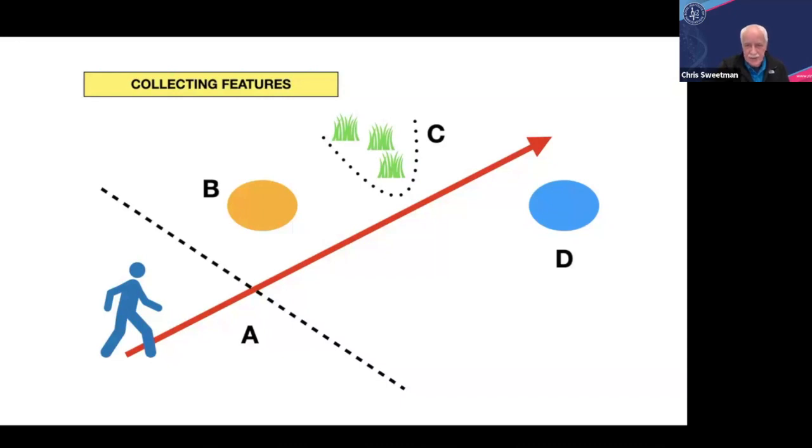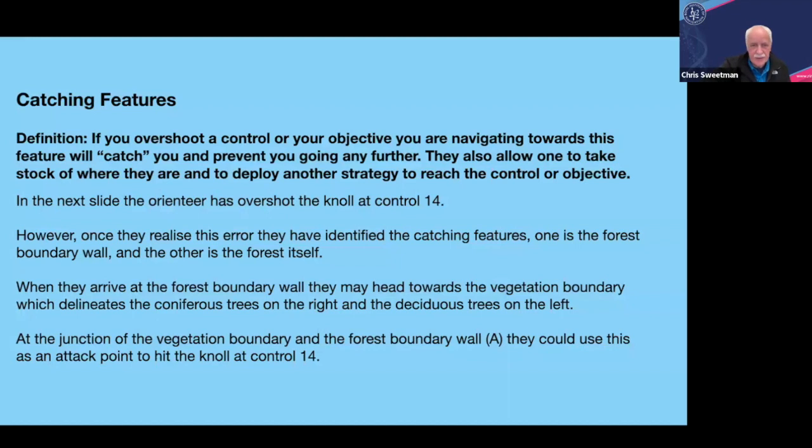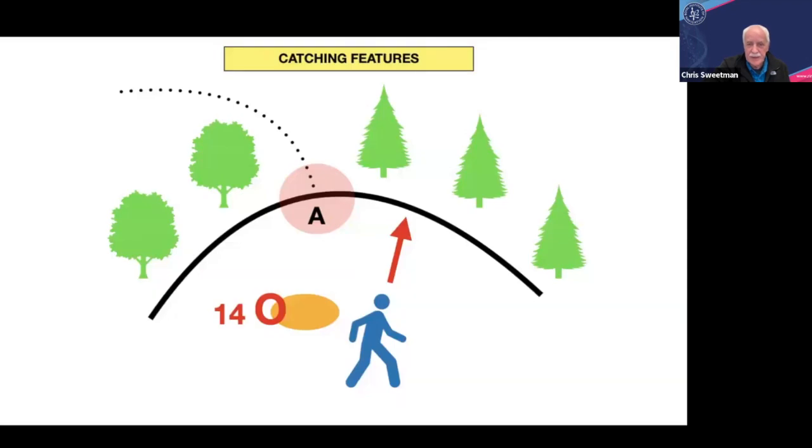And then catching features, what are they? We use those as a safety element in navigating. So again, there's the text, and then you've got catching features. What if you overshoot the control, which is the knoll at number 14? Quite easy to do. You overshoot, and your catching feature, where you can be safe, is this wall, which encloses woodland.